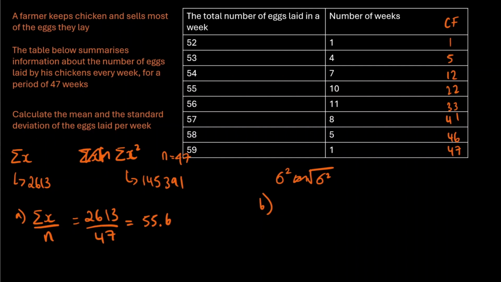So we know that the standard deviation is simply the root of the sum of x squared f over n, subtract x bar squared, which gives you 1.59.